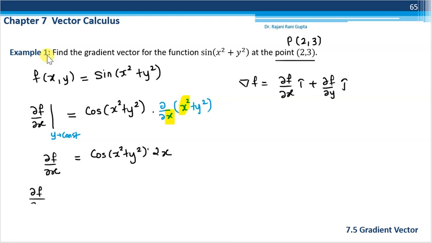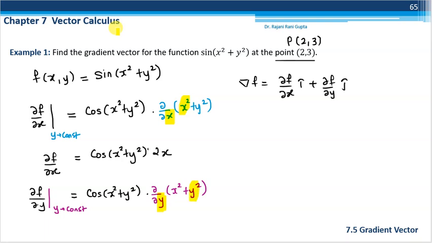Similarly, finding the partial derivative of f with respect to y, we are going to consider x as a constant. Sine becomes cosine of x squared plus y squared times the partial derivative with respect to y of the function x squared plus y squared. Here x squared has no y, so the derivative becomes 0, and y squared becomes 2y.